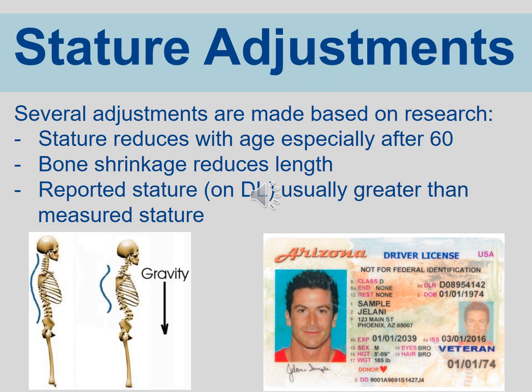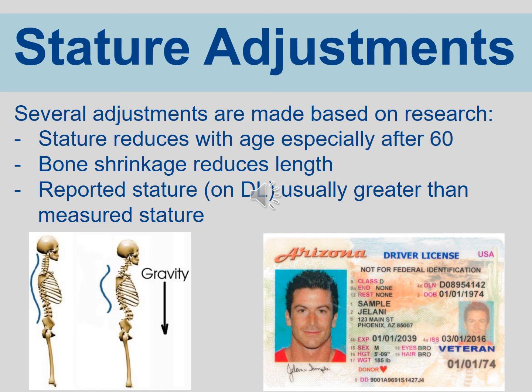Let's talk about some adjustments. We have a number of adjustments that have been made based on research and observations. One, of course, is that after 60 years of age, you begin to shrink or shorten a few inches. This is because of atmospheric pressure and gravity, and usually your vertebral column begins to compress.